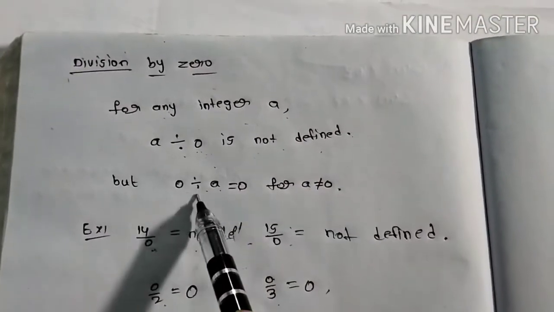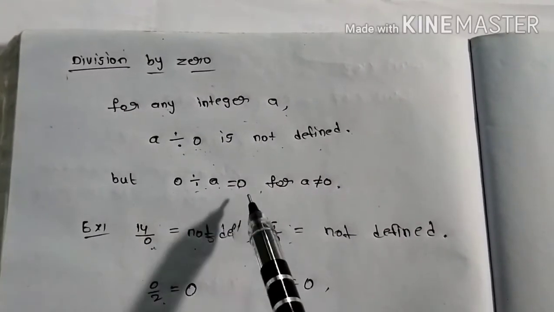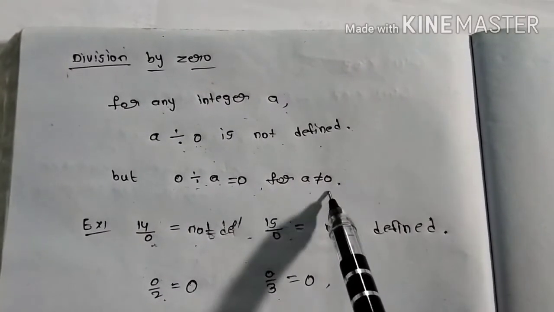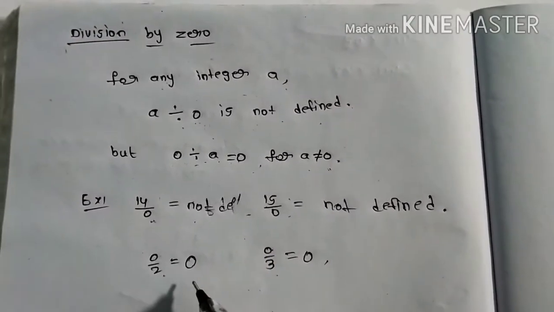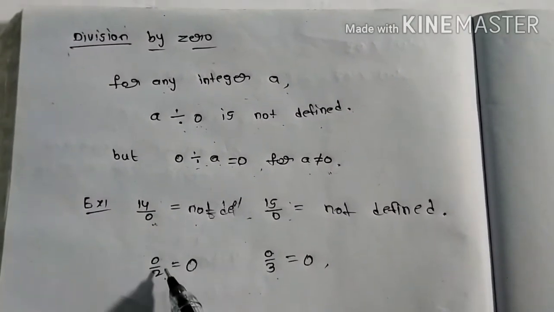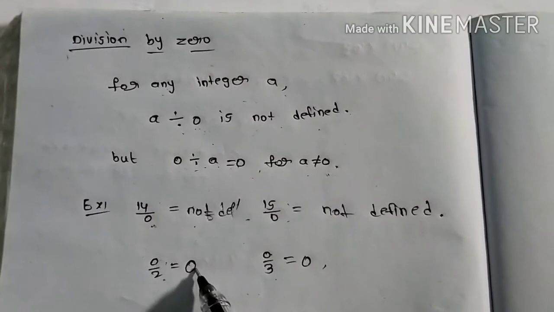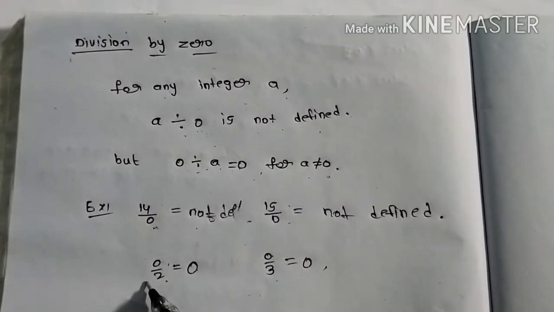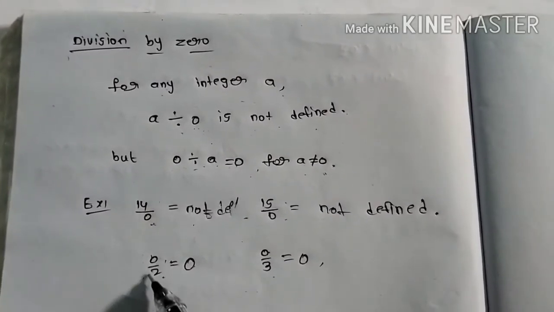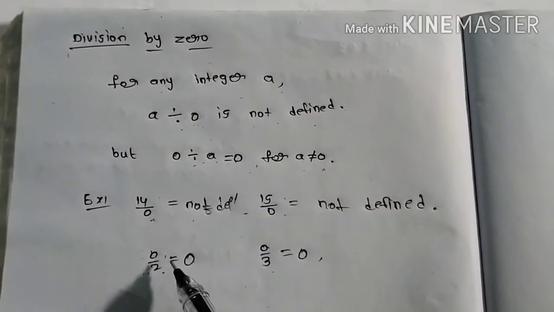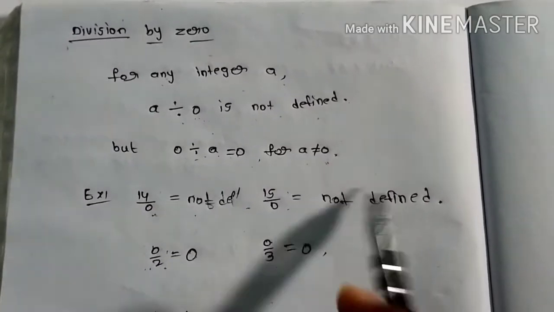But 0 divided by a is 0, for a not equal to 0. That means 0 by 2 is equal to 0. But 0 by 0 is not defined. So don't take 0 by 0. You can take any integer as numerator or denominator.